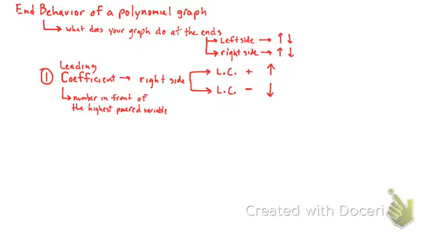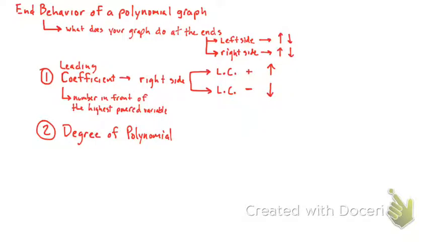The second thing to deal with in end behavior is the degree. The degree of the polynomial controls if the left and right side are the same or opposite.